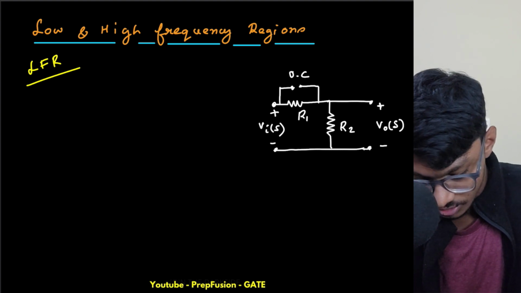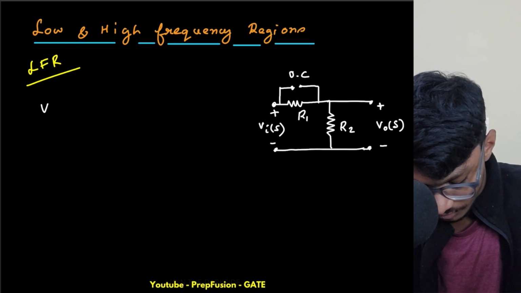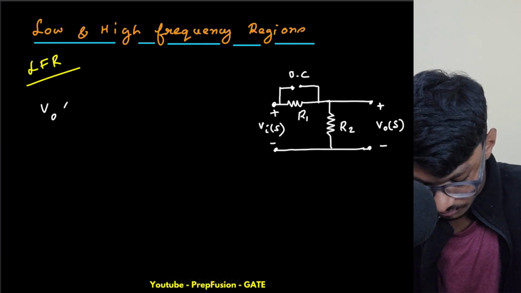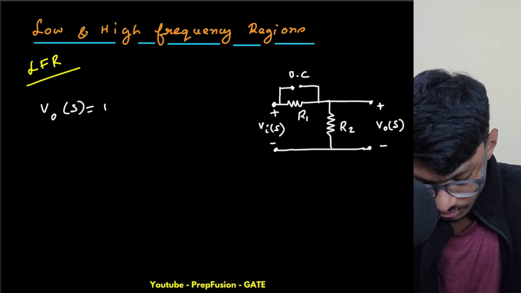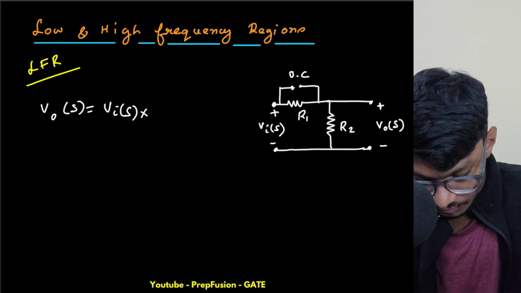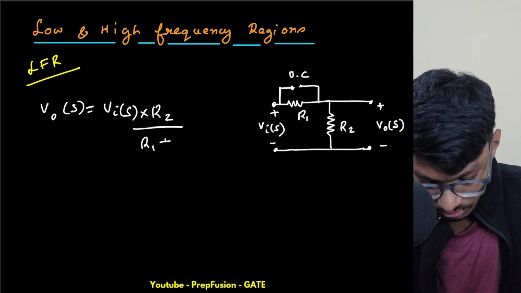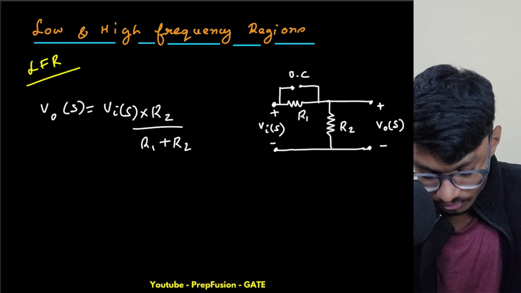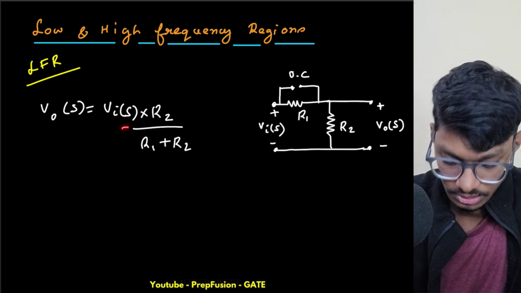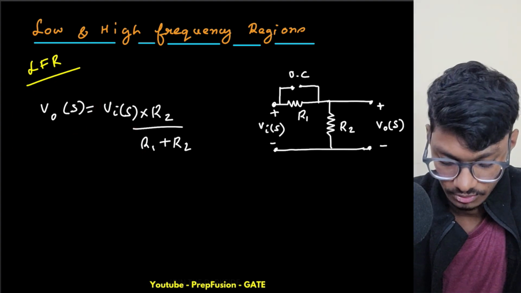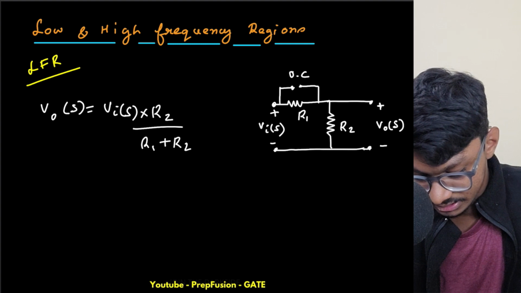So basically V of S equals VI of S into R2 by R1 plus R2.